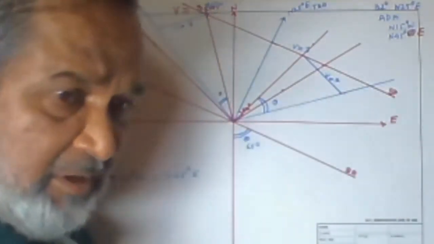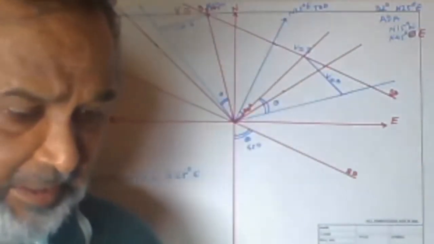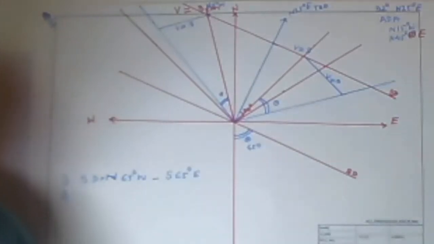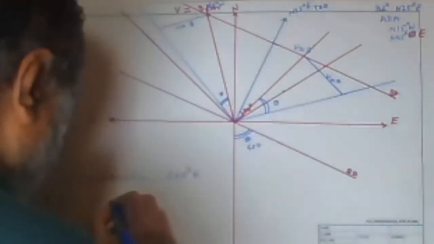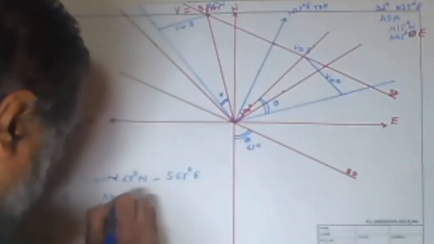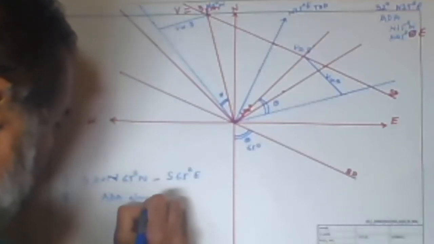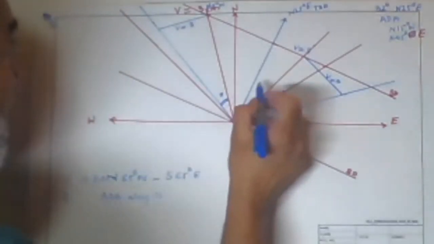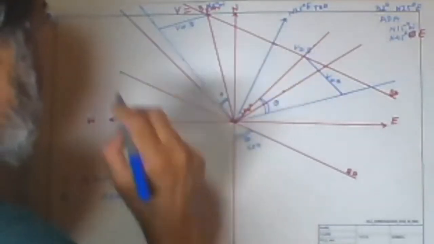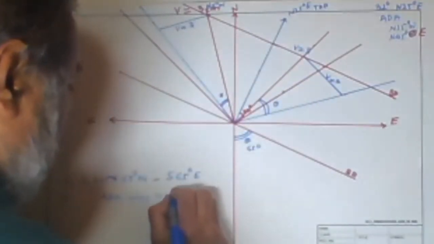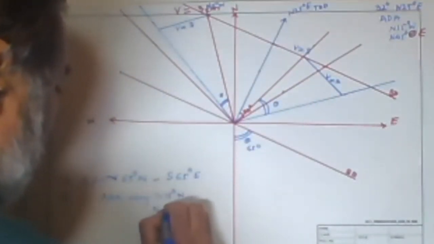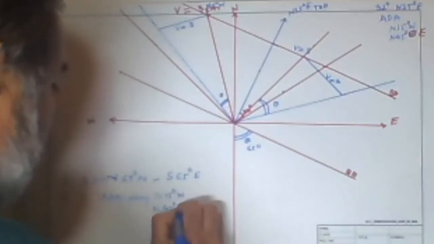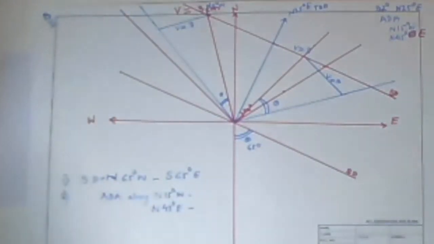Now you have to find out the second answer. That is the amount of dip along north 15 degree west and north 45 degree east. So you have to measure.